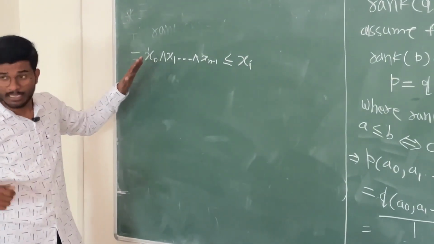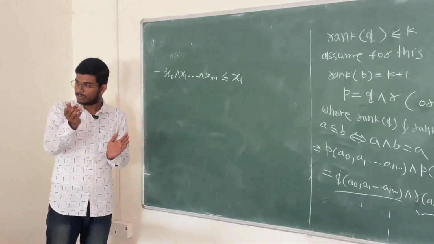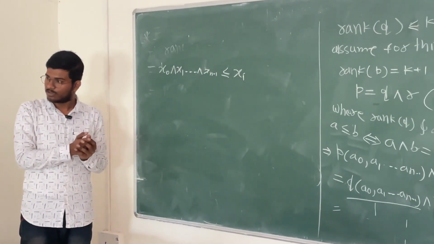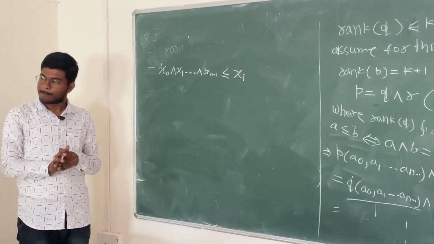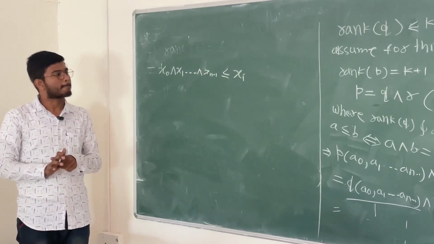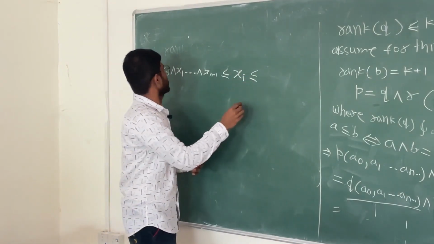That is, if we take some elements and take their meet, it is in general smaller than any one element. This meet x0, x1 up to xn minus 1 is less than or equal to each xi, for all i, and this is less than or equal to the join of all those xi's.